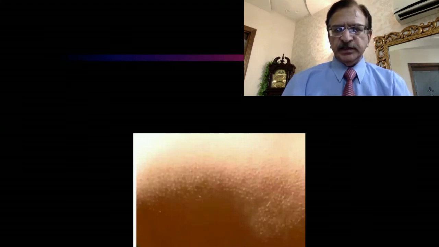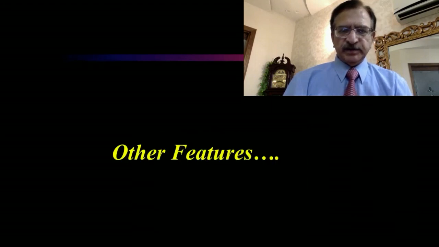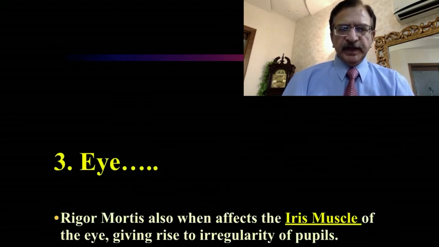And these are the puckered or raised contracted pili muscles. Then the other features in the eye: the rigor mortis, when it affects the iris muscle of the eye, gives rise to irregularity in the size of the pupil.